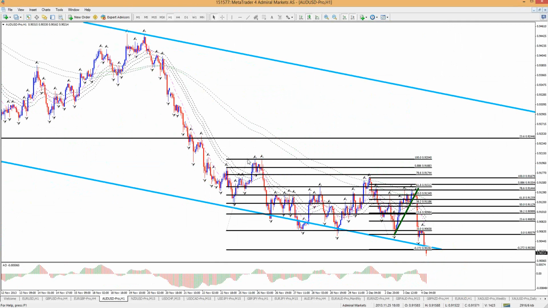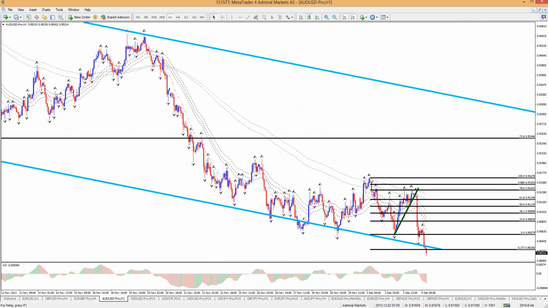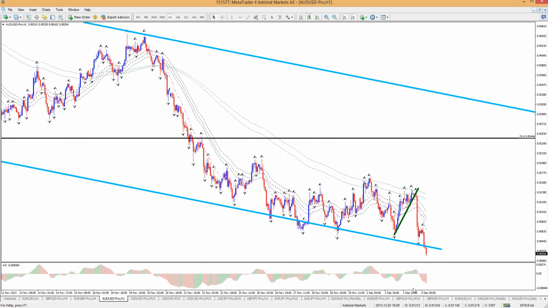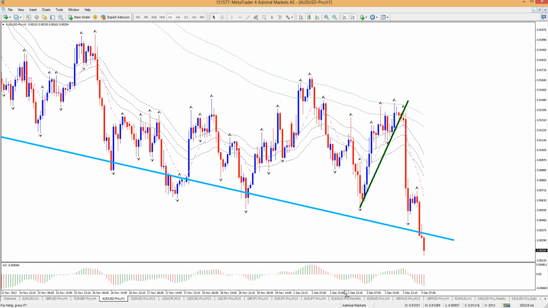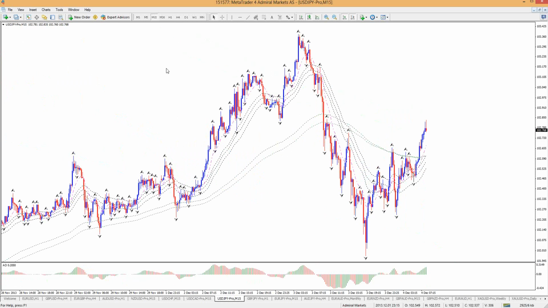Let me get rid of these fibs again. Could probably only see a bit of correction before we fall again. So that would be the only way. Let's take a look at dollar yen.